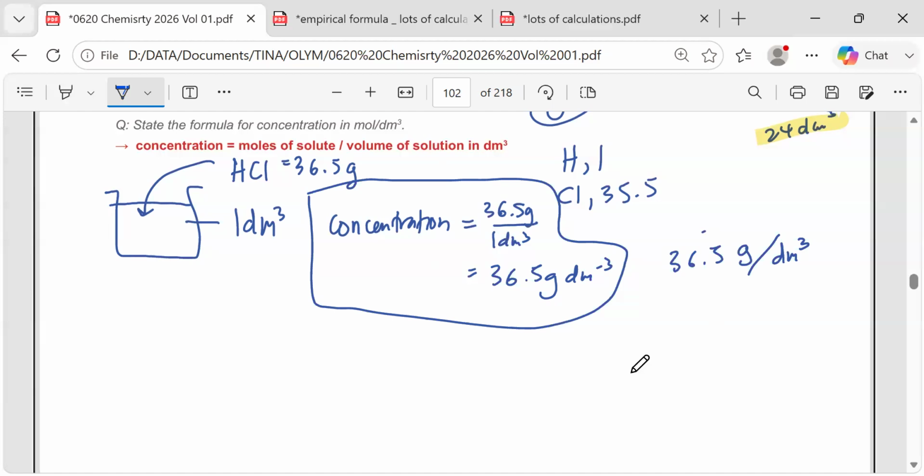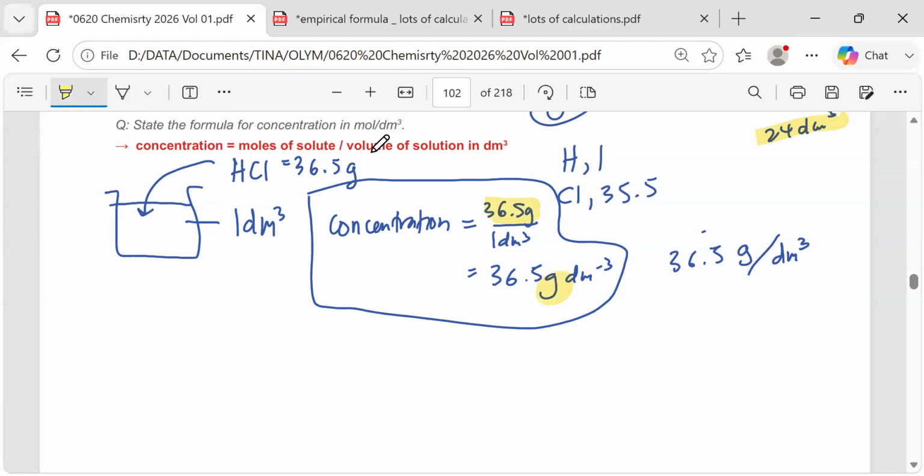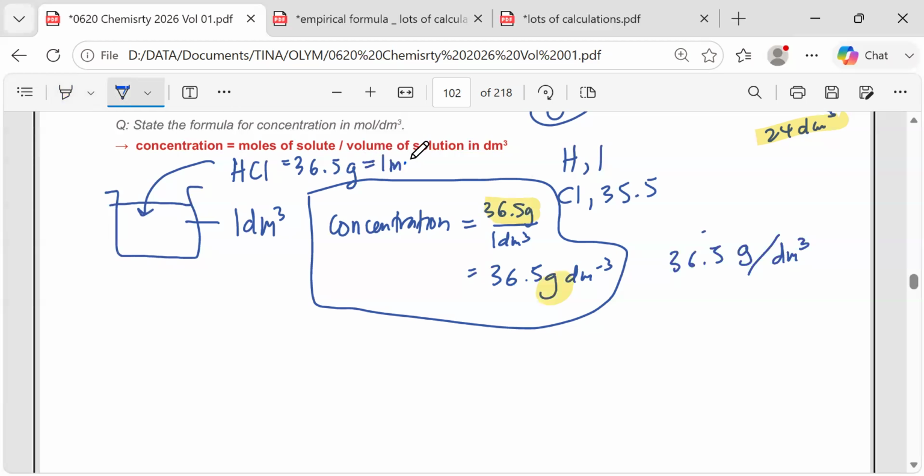Now, what happens is this is in the unit of gram per decimeter cube. If I tell you I have 36.5 gram, is it the same as telling you I have 1 mole? Same or not? Yes, because this one you add together is 36.5. Mass over molar mass is the same, right?